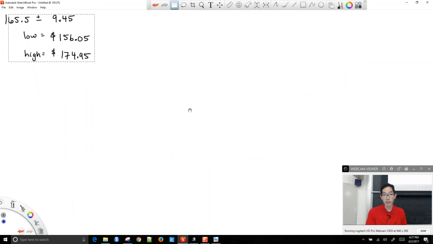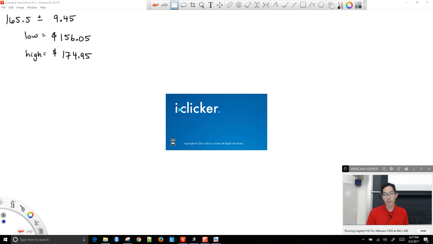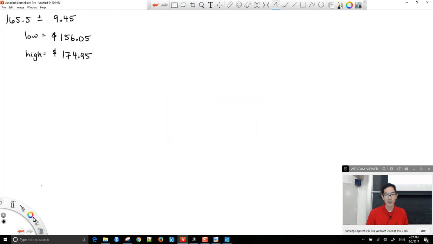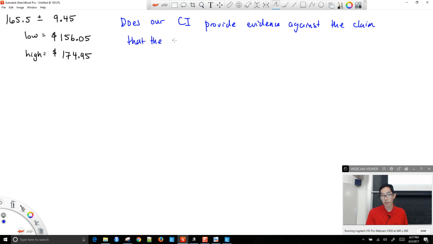All right, so let's just ask a very easy clicker question here. I think it's easy. All right, we'll say, does our confidence interval provide evidence against the claim that the average weekly revenue is $160?